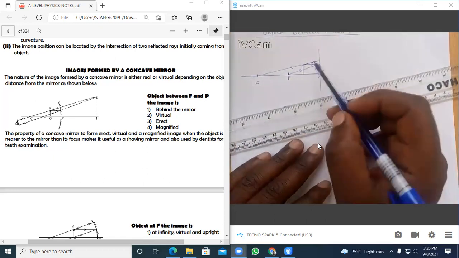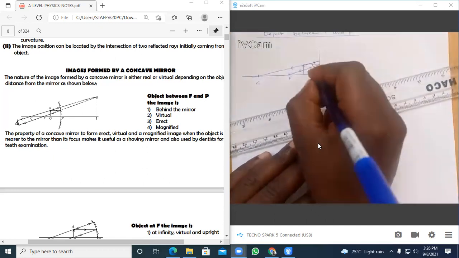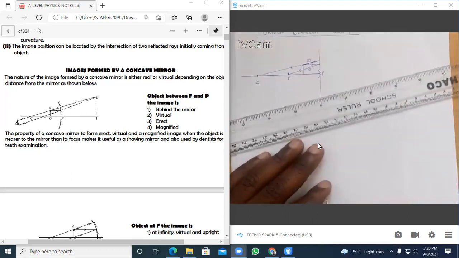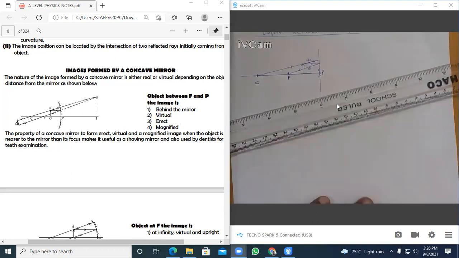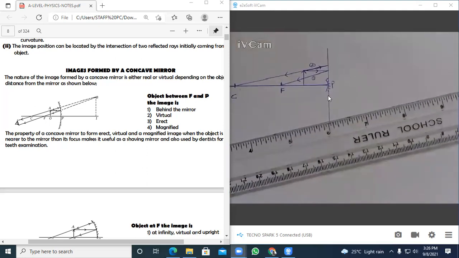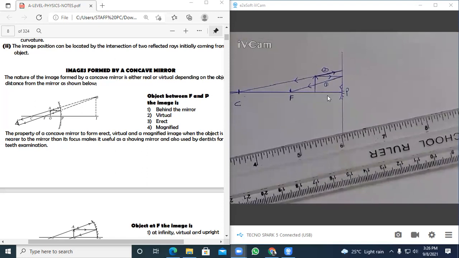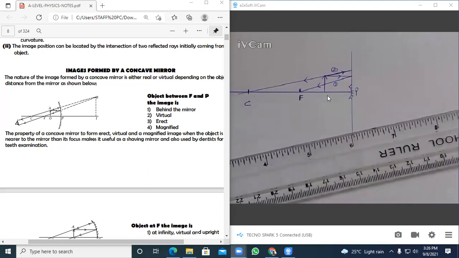Now you can see that this is the first ray and this is the second ray. They are not intersecting anywhere.